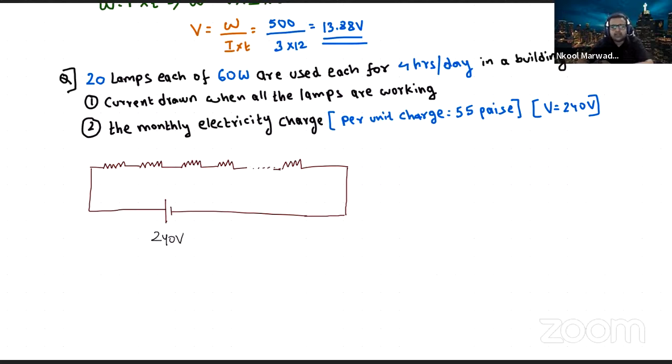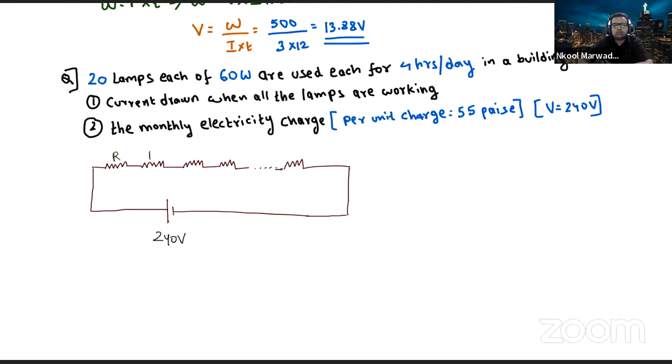Now it is very clear, we have already seen Kirchhoff's voltage law. Across every resistance, there will be a drop in the voltage. And since the bulbs are similar, the resistance offered by them will be the same.